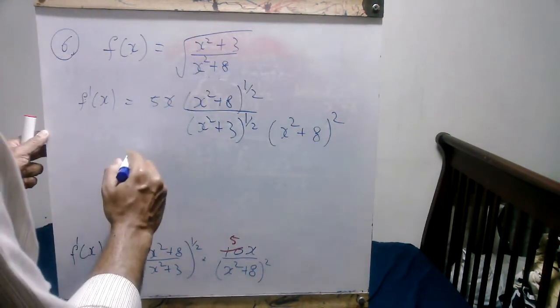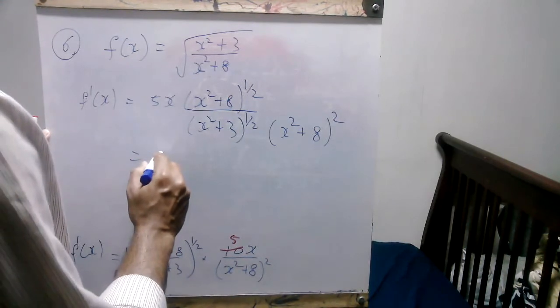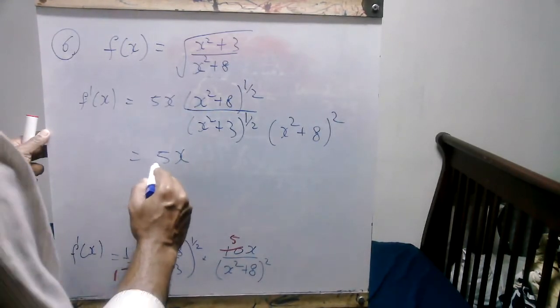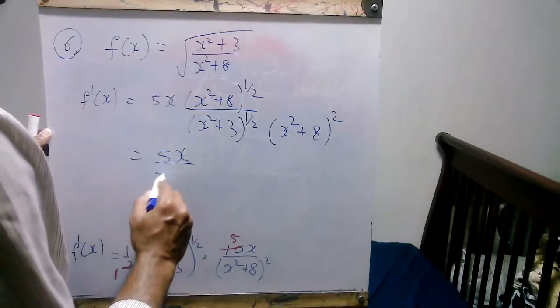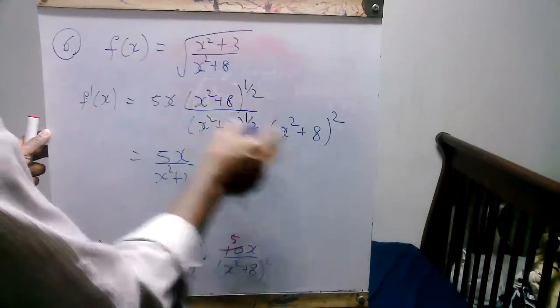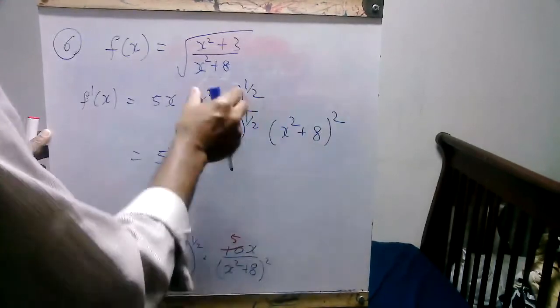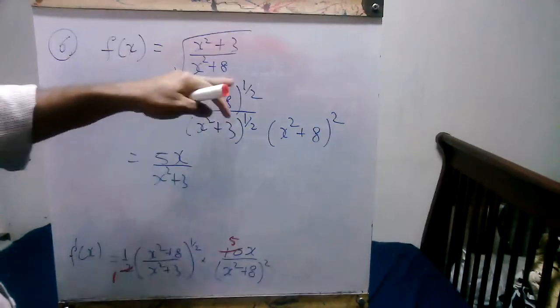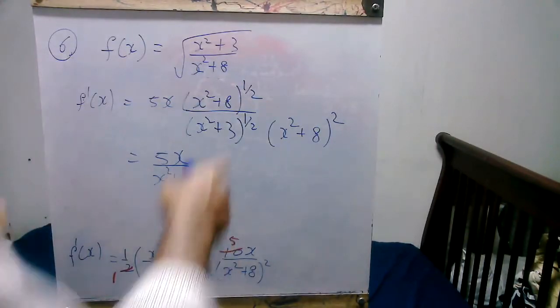Now this is equal to 5x divided by x square plus 3. We see x square plus 8 here, x square plus 8 here. We can simplify this, but it is not that we can cancel them out. We cannot.